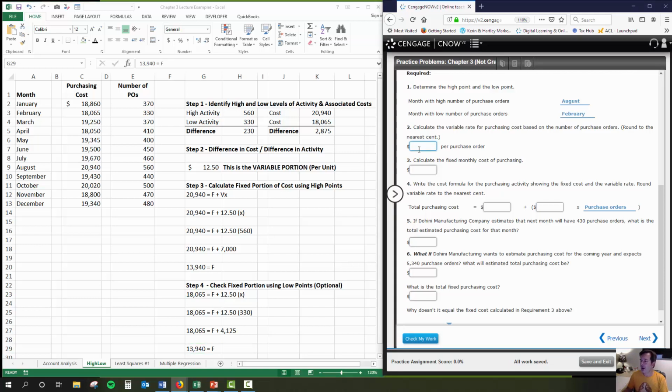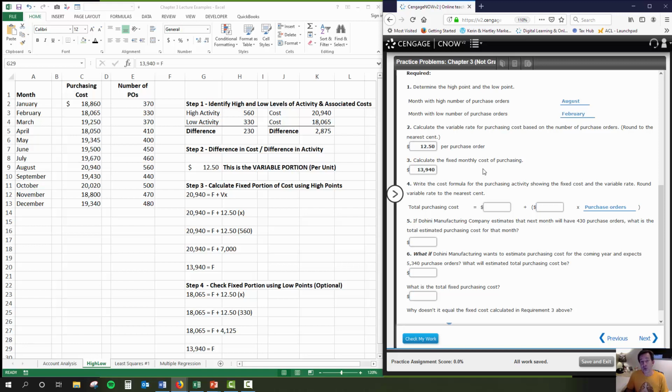So up here in the problem, it says calculate the variable rate. We just figured out it's $12.50. We did that in step 2. In steps 3 and 4, we figured the fixed monthly amount was $13,940. So what we're saying in our analysis here is that $13,940 is the amount we incur every month, whether we generate 0 POs or whether we generate 500, 750, whatever the relevant range is going to be.